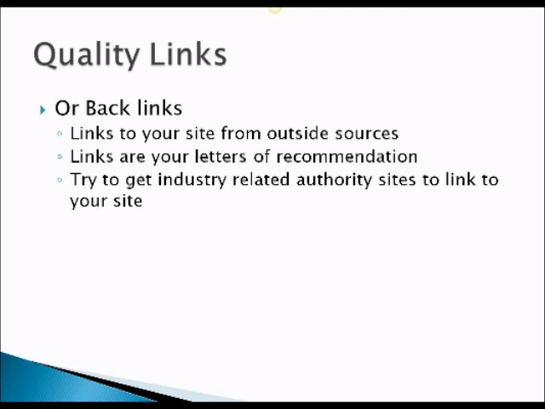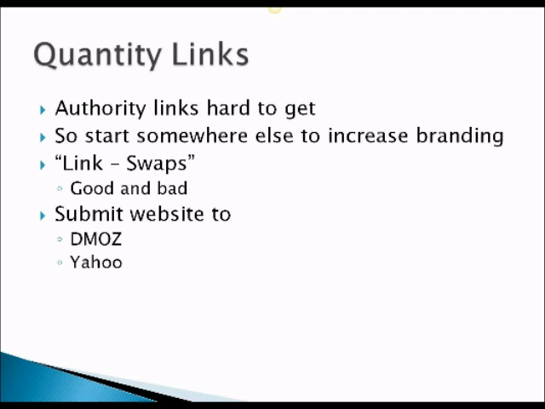It's very hard to get those because authority links such as the government or anyone with high authority within your industry, they want to make sure that you're a legitimate company. They want to do background checks. There's a whole list of things that they want to do. So try to get people within your industry, first of all, to link to your website and then go after the authority links.